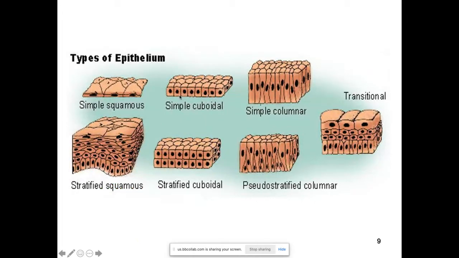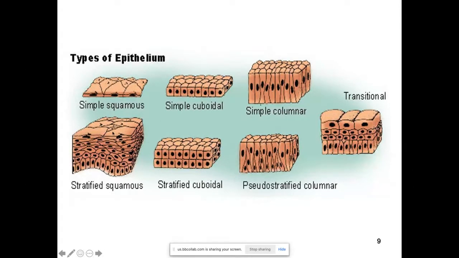So let's take a look at this illustration here. If you look right in the center where it says simple cuboidal, these look like cubes, like squares, and it's one cell layer thick. But if we look just below it, we see that it's 2 layers thick, also cubes. So when it's one cell layer, it's simple cuboidal. When it's more than one layer, we use the word stratified cuboidal.